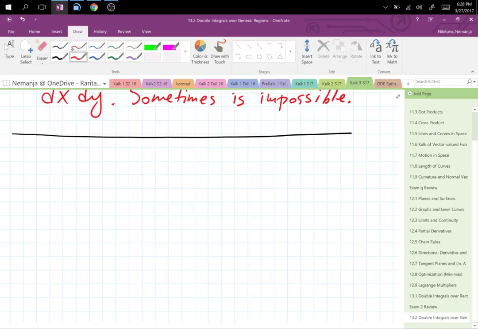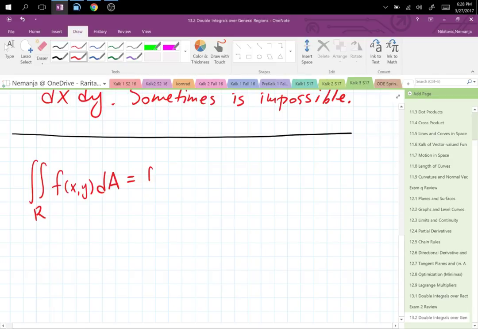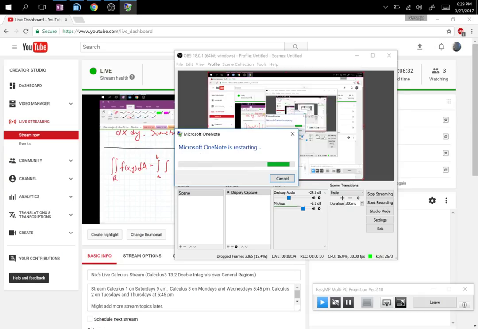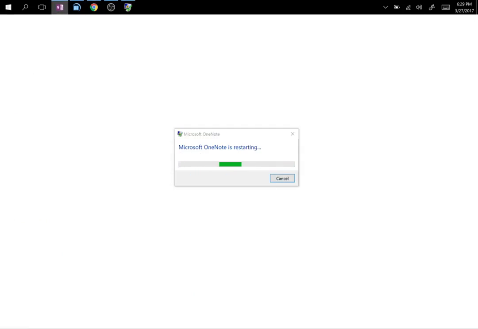So the double integral over a general region R of a function f(x, y) dA will be computed as the integral from a to b, and then the integral of g of x to h of x of f of x, y, and then this clearly has to be dy dx. Now, I again use the word clearly. I'm not sure.